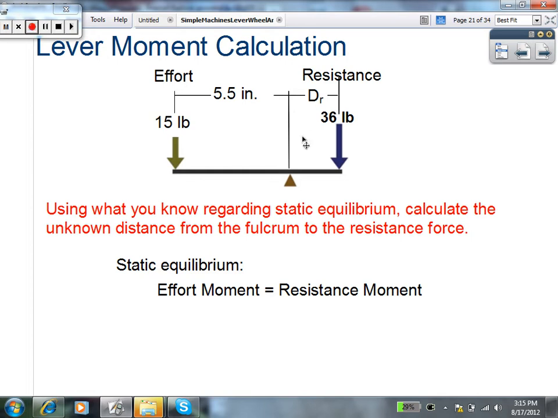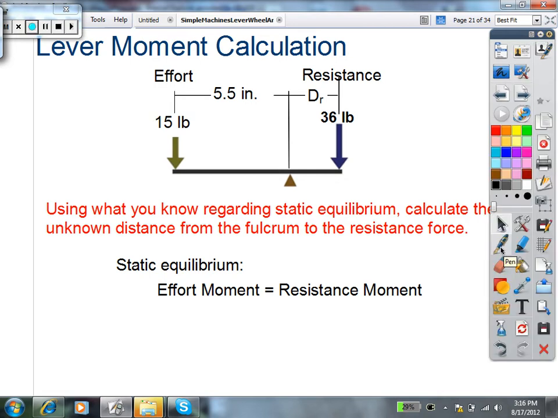Now remember, static equilibrium, if that is the case, the moments are going to be equal to each other so that we don't have any rotation at all. So if we look at the effort moment, it's going to be 15. Let's bring this down here, and we will change our pen so that we can actually look at this.